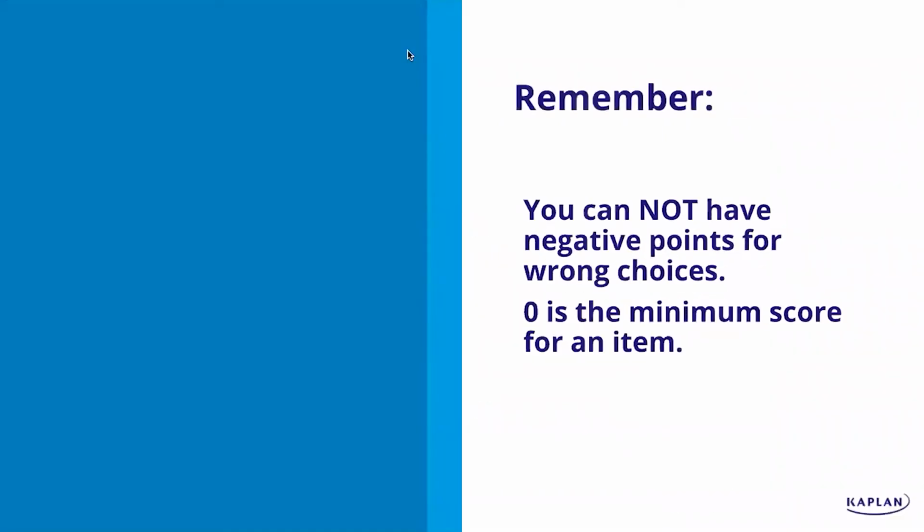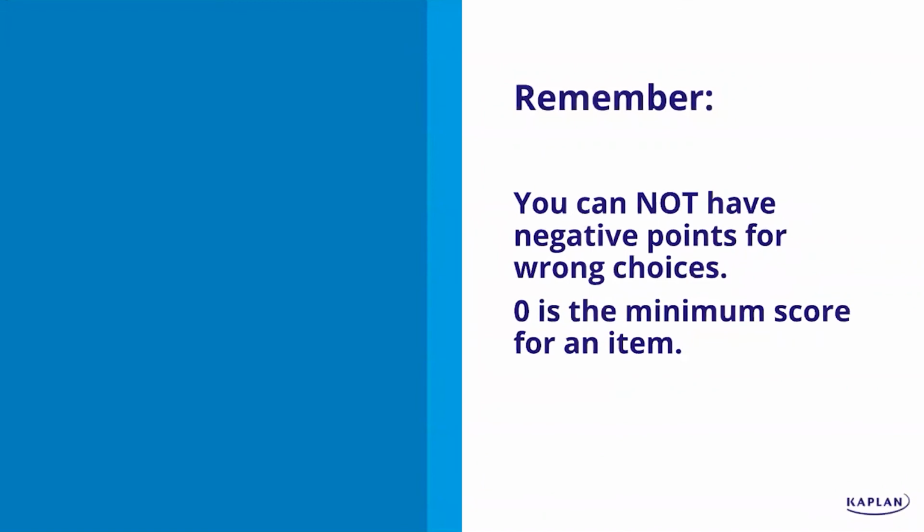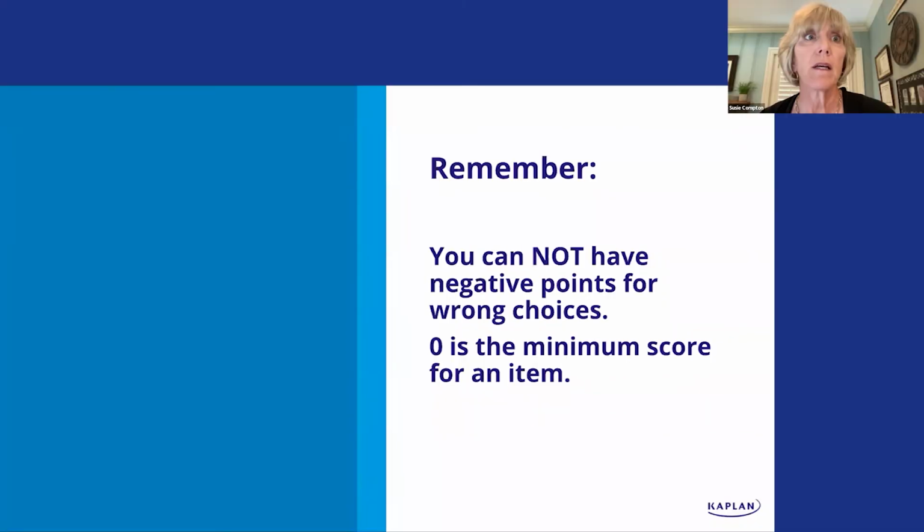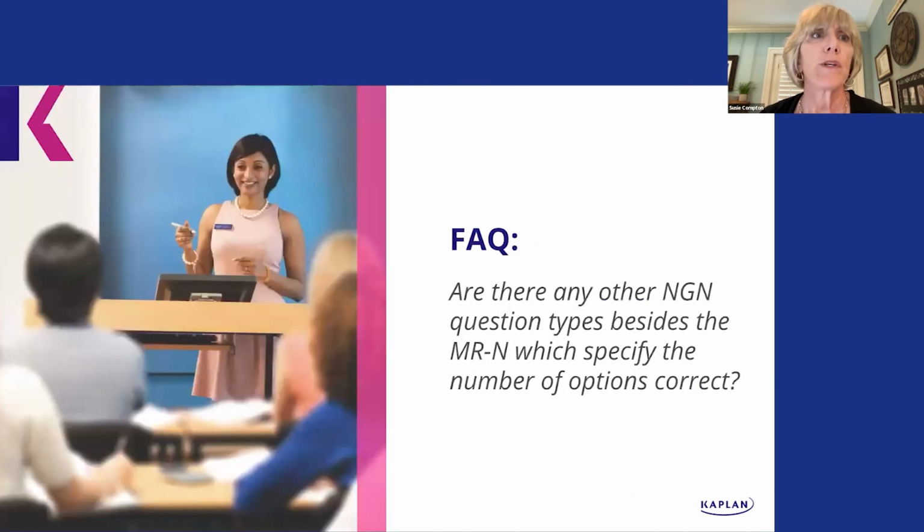Remember, though, you cannot have negative points with plus-minus scoring, whether it's a SATA or a multiple response grouping. If you have a 7-option SATA, for example, and you choose 2 correct and 3 incorrect, you will receive 0 points, not -1.